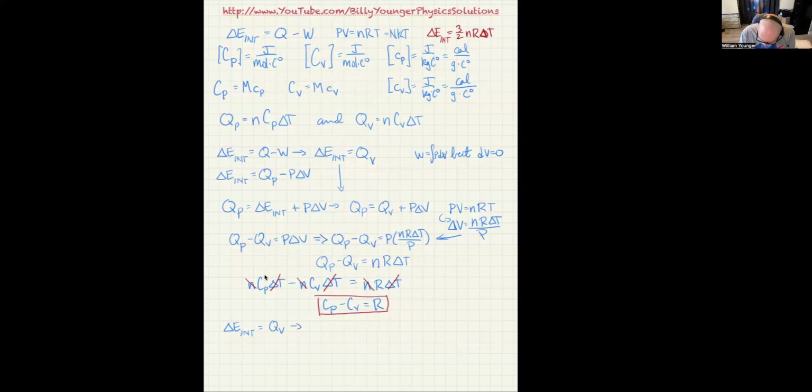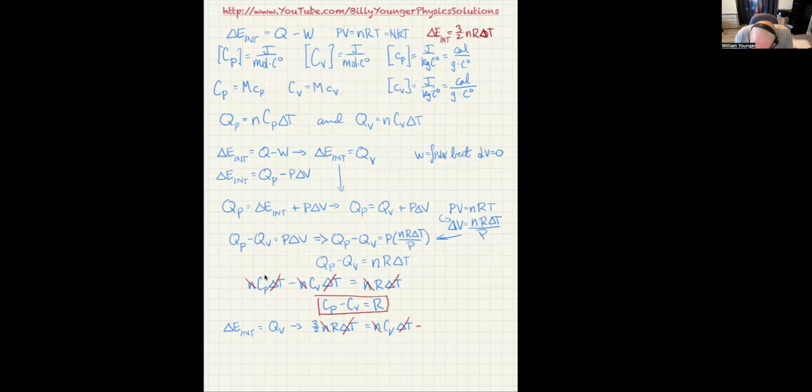So if we use this for an ideal monatomic gas, 3 halves N times R times delta T is equal to N times CV times delta T. And again, we can see that the delta T is common to both sides and can be divided out, and the N is common to both sides and can be divided out. Again, making the normal assumptions that you do with algebra, that the thing we're dividing by cannot be zero, so we're not considering no changes in temperature, nor 0 moles.